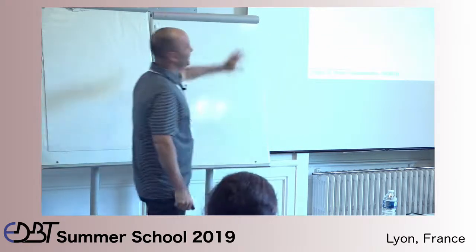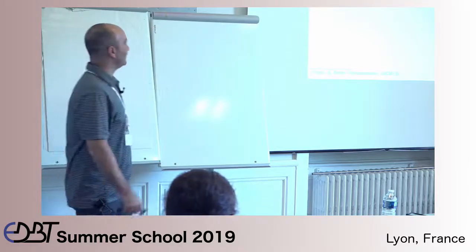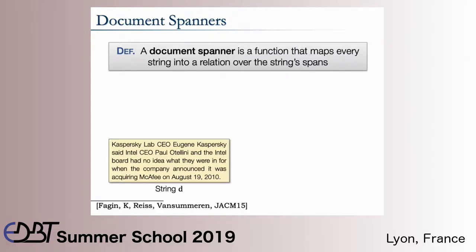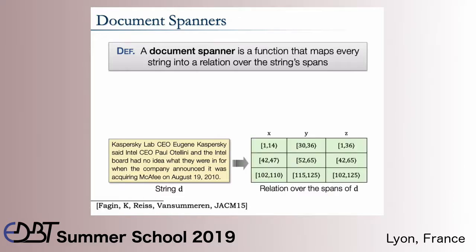All right. So this is a very basic definition, the document spanner. It is a concept that encodes what we've already seen. It is a function that takes a document, or a string in this case, and maps it into a relation over the spans. This is the definition.